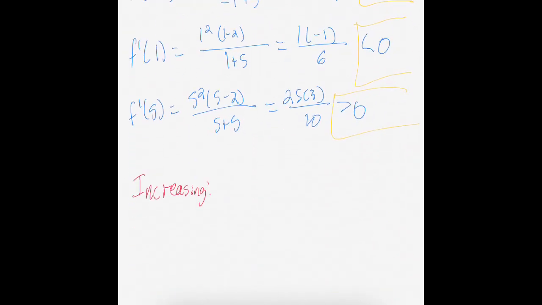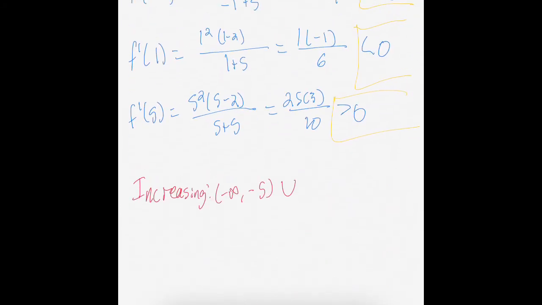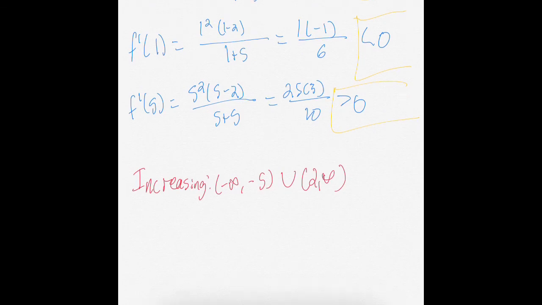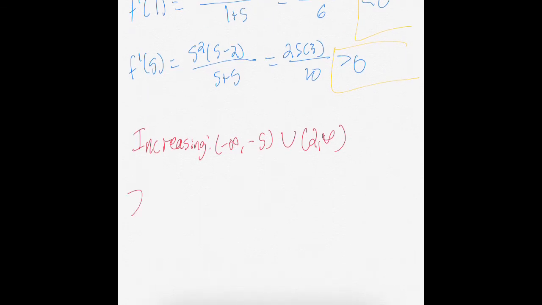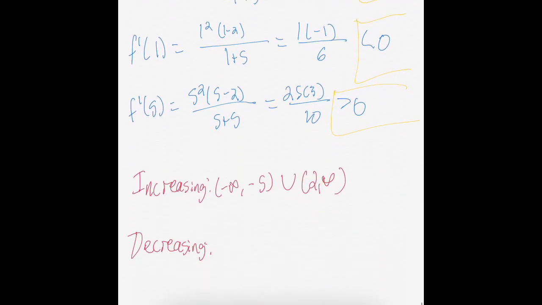So now we can answer this question of on what open intervals is f increasing or decreasing. Well, it's increasing wherever we drew plus signs. So it's increasing from negative infinity to negative 5, and I believe, again, from 2 to infinity. So we're going to make our union here.